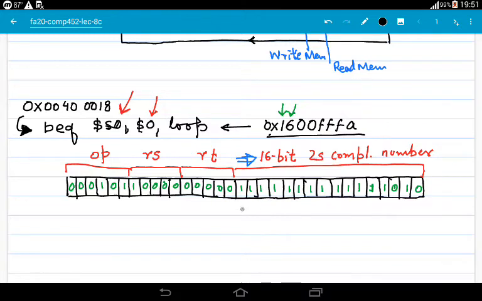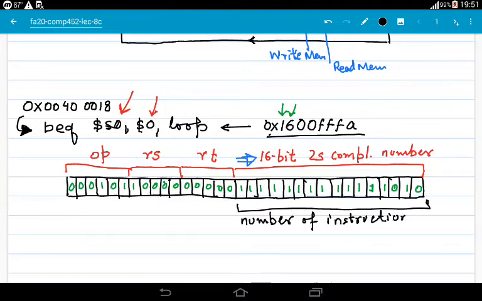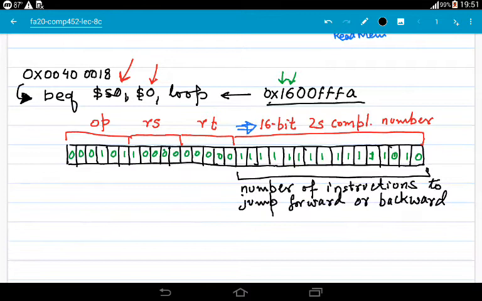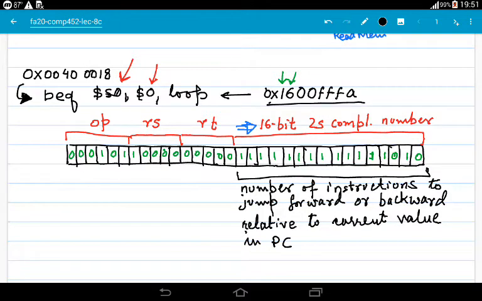This 16-bit number is the number of instructions to jump forward or backward relative to the current value in the program counter.